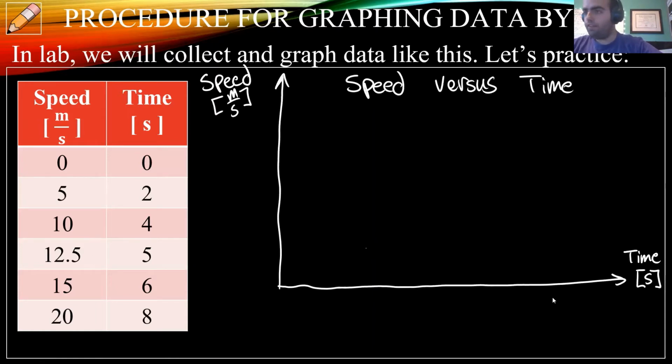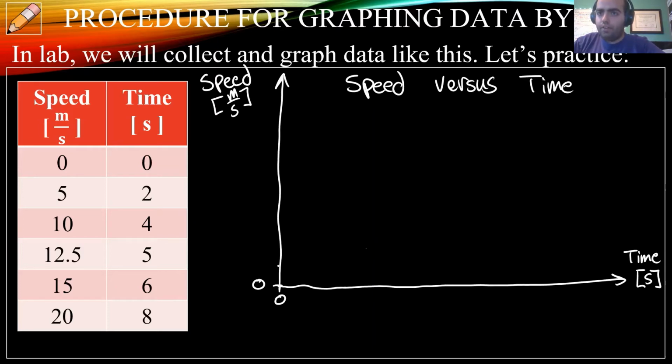Once we've got everything labeled and titled, then we can start using the data to figure out how to scale our graph. So what we want to think about is that our time is starting at 0, and our speed is starting at 0. This is the starting quantity we're plotting on the horizontal axis.